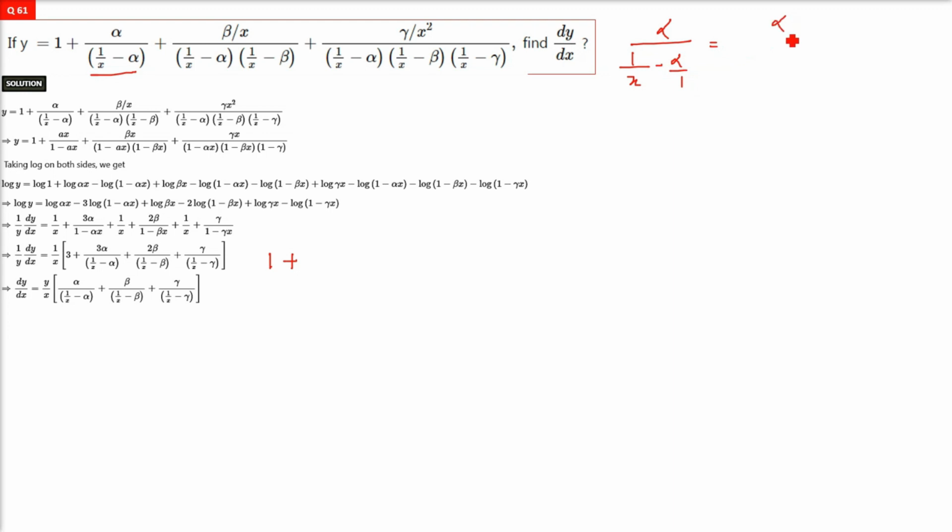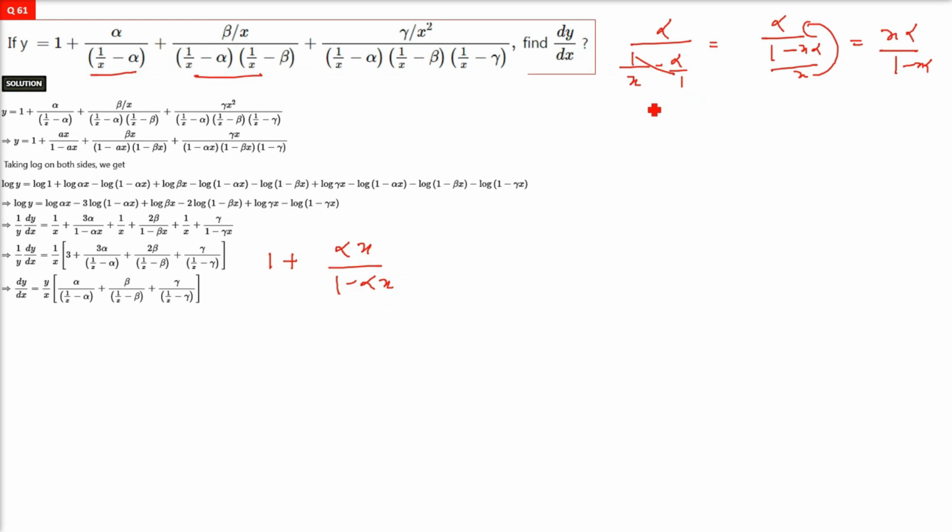So what will come in the denominator? It is 1 minus alpha x by x. Now x will go up. So it is going to be x alpha divided by 1 minus x alpha. So this is going to be alpha x divided by 1 minus alpha x.